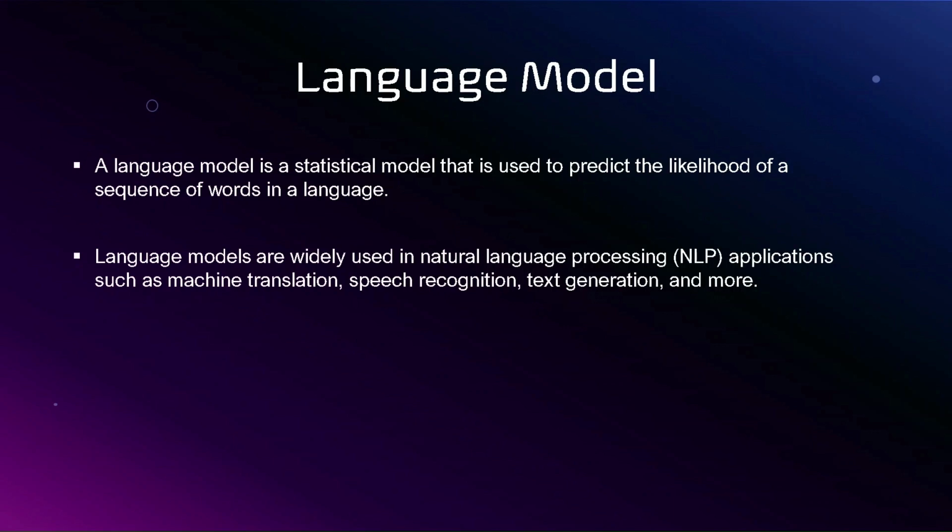So a language model is a statistical model that is used to predict the likelihood of a sequence of words in a language. It means that the primary goal of this language model is to assign a probability to a sentence or a sequence of words such that the highly probable sequences are likely to be grammatically correct and semantically meaningful.